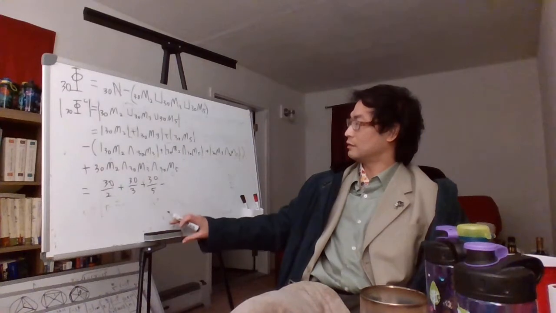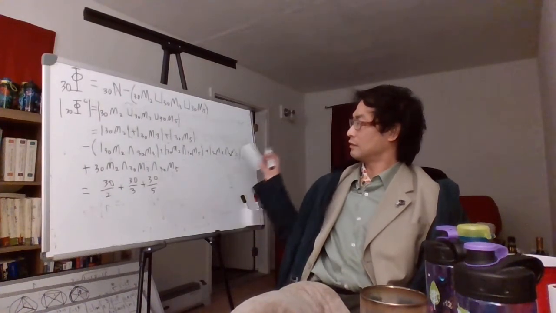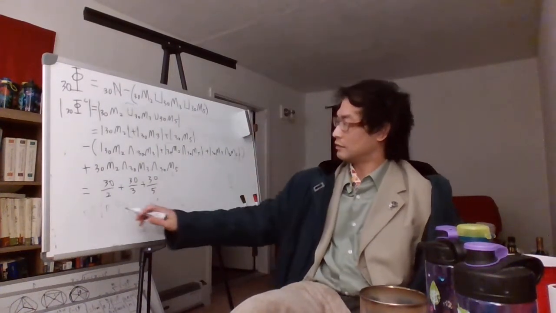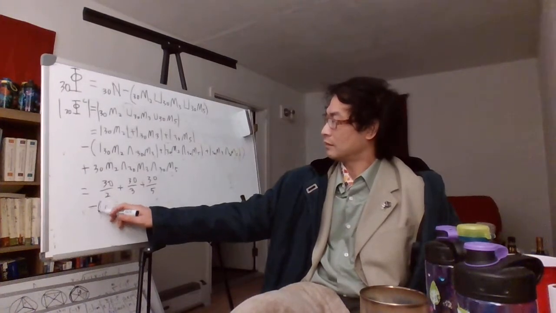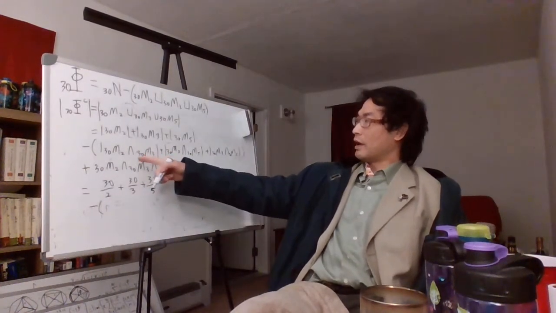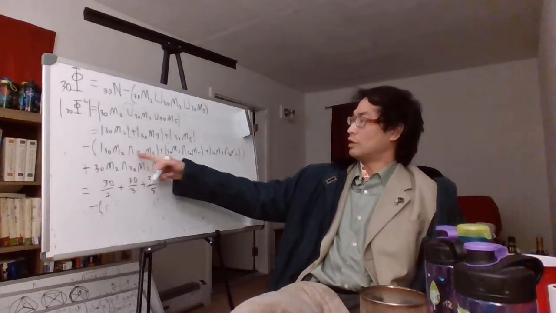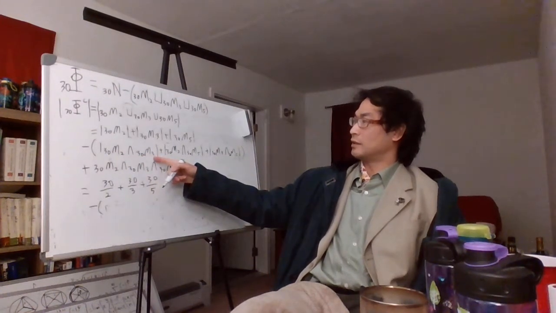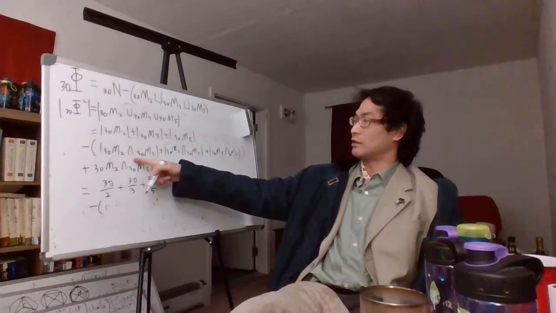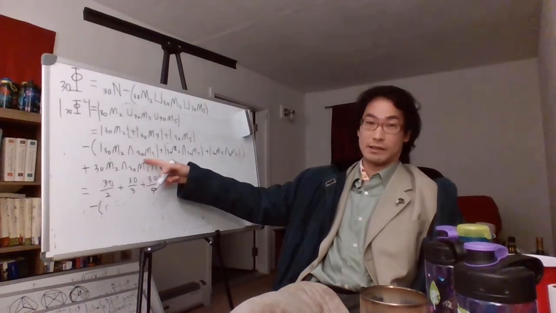Minus. Okay. Multiples of 2 and multiples of 3, intersection. That's multiples of 6, right?